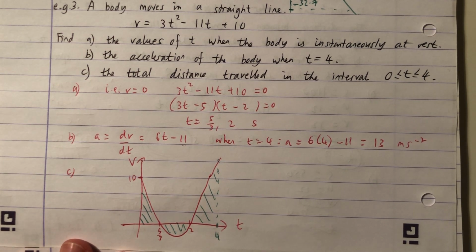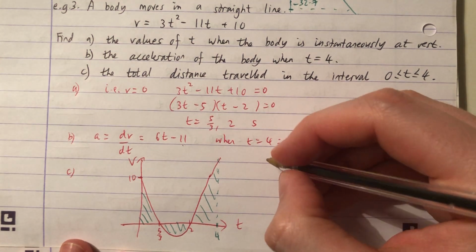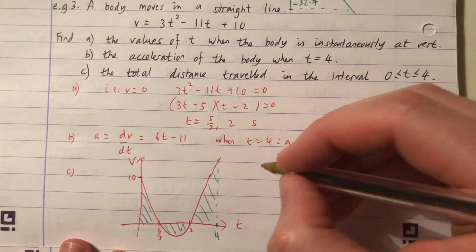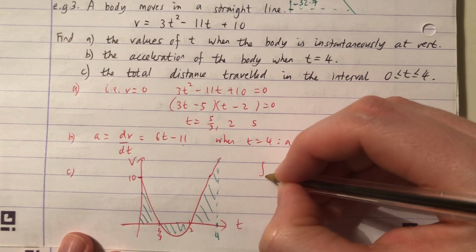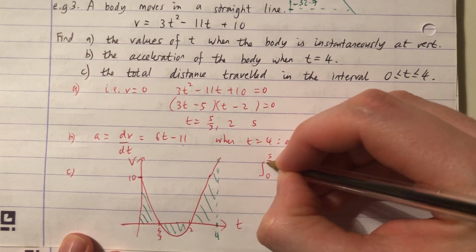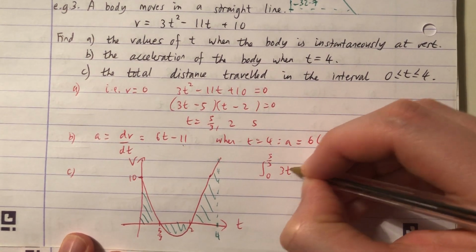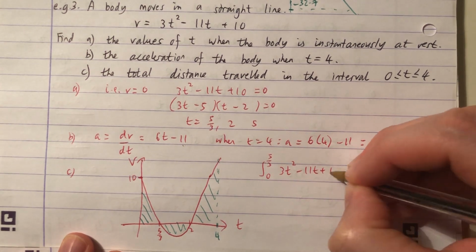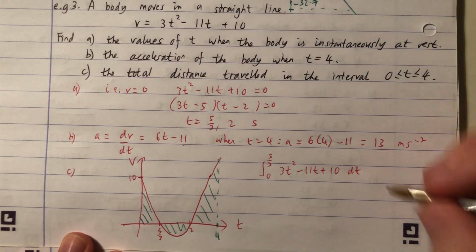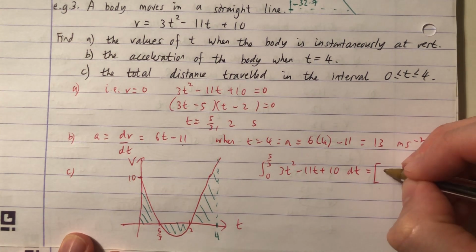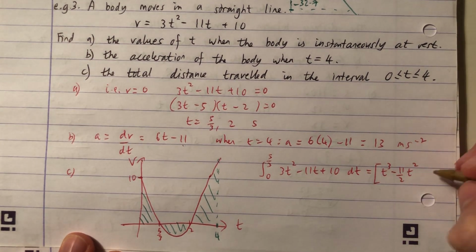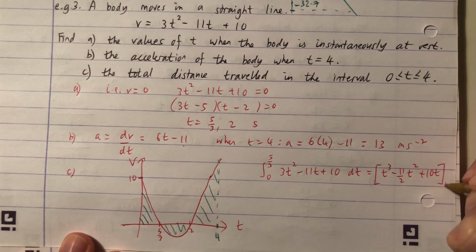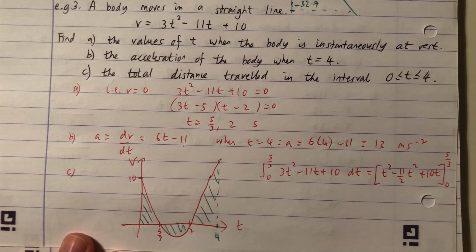So for total distance, you split it up into separate parts. It'd be integrating between 0 and 5/3, 3t squared subtract 11t plus 10 with respect to t, which is: add 1 to the power, divide by the new power, so t cubed, 11 over 2 t squared, 10t, between 0 and 5/3.